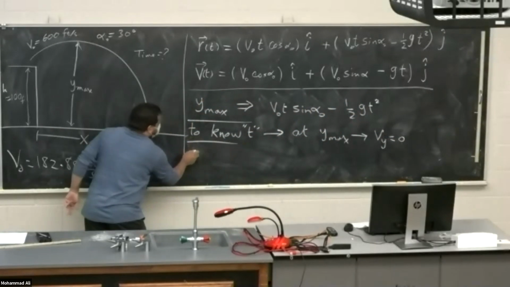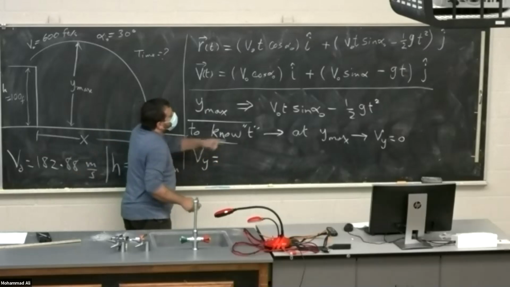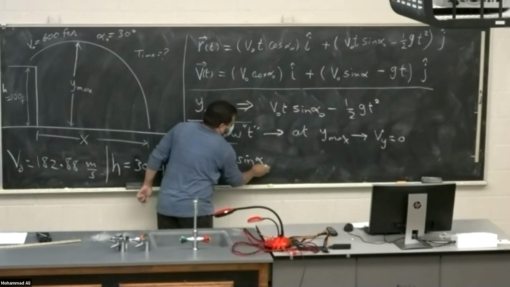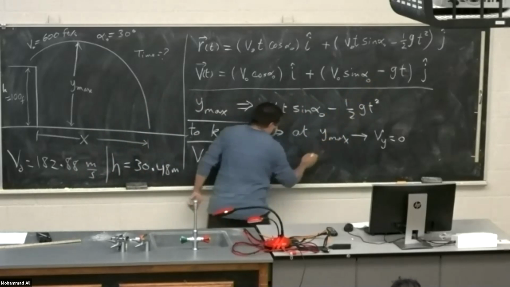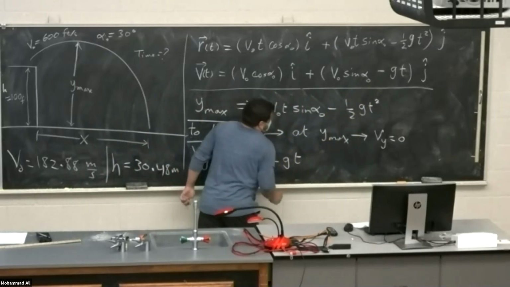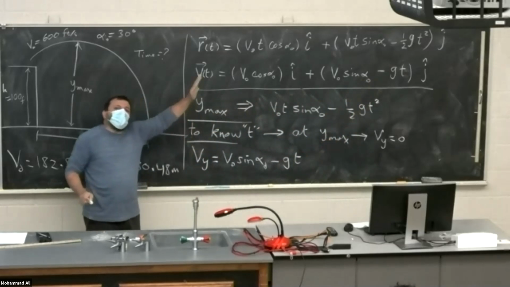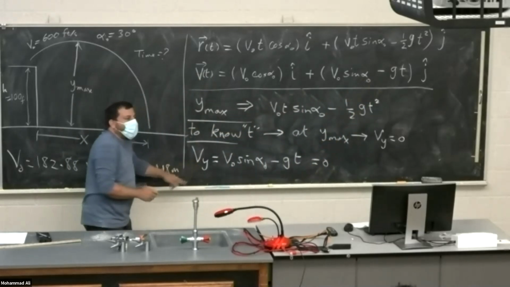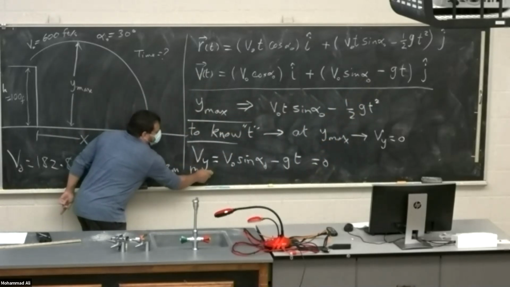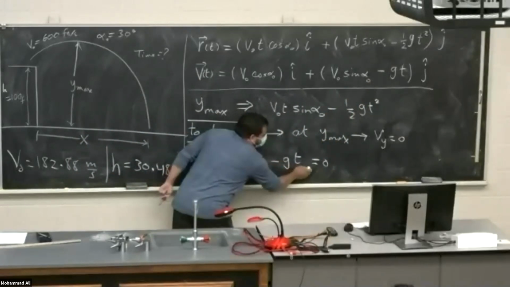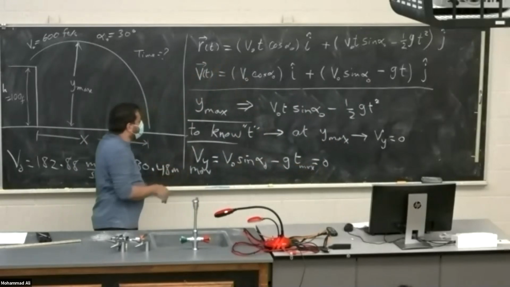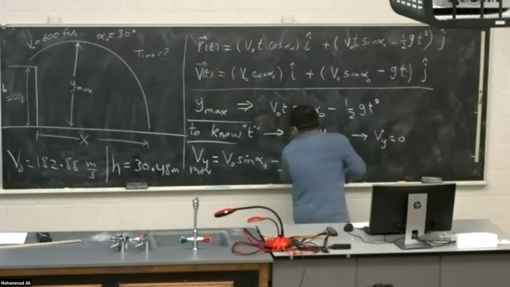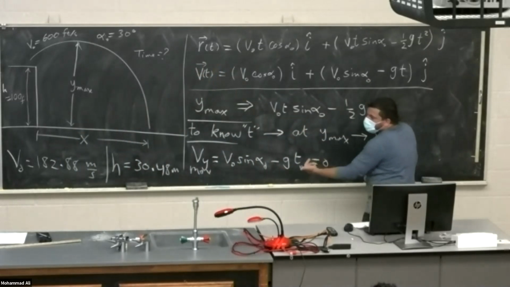Vy is equal to V naught sine alpha naught minus G T. Vy at that position is equal to 0. This is Vy at y max, the time at maximum altitude. So I can take this to the opposite side, and it will be positive.